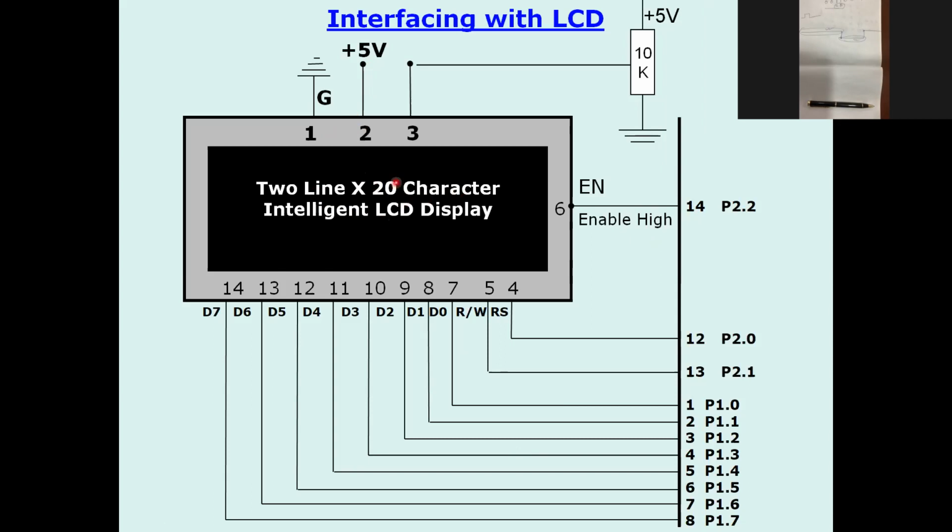Pin number 3 is used for intensity control. You know the pot, the variable resistance, or don't you know? You are electrical guys. This is the symbol of a pot.